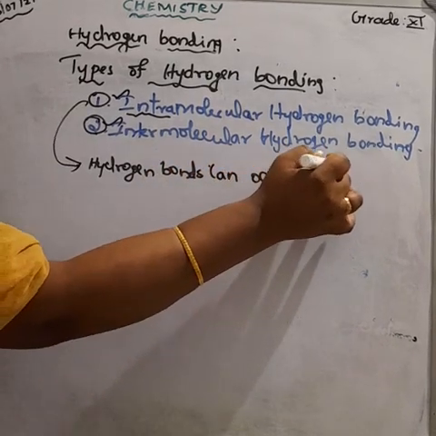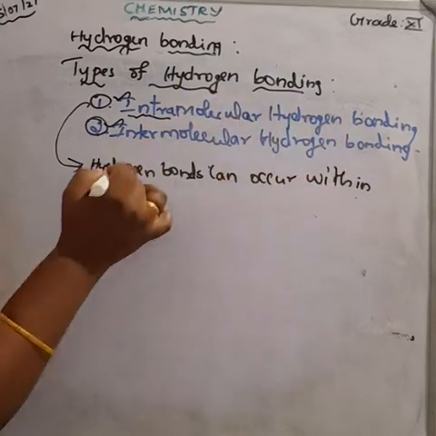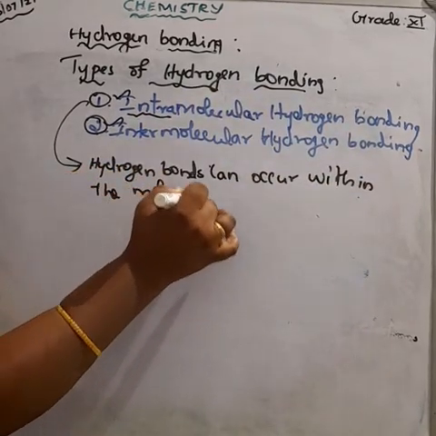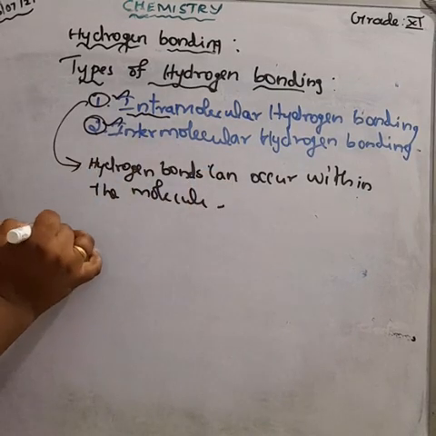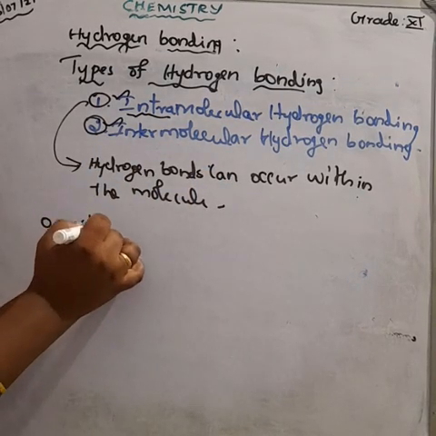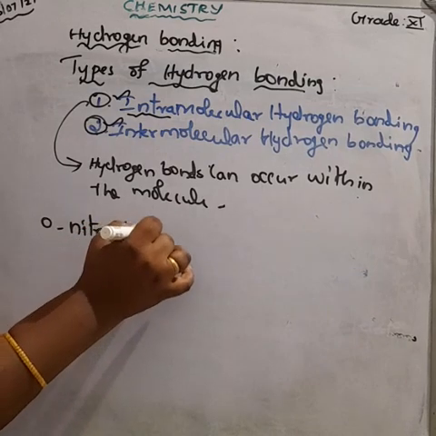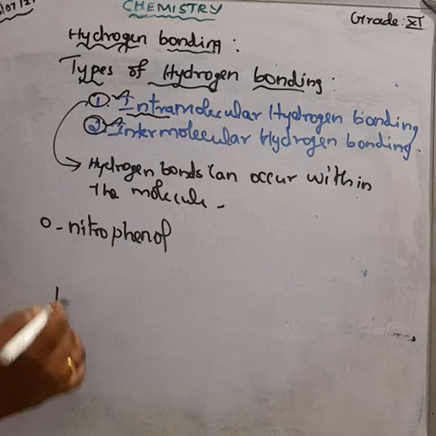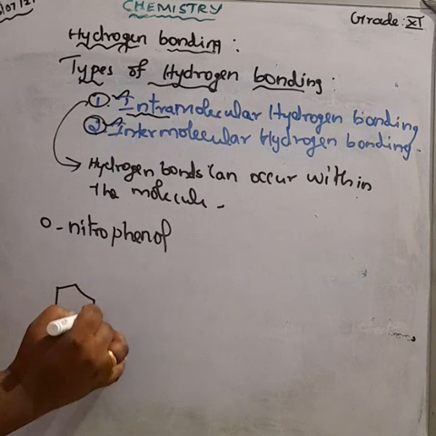Intra means within. So what are examples of intramolecular hydrogen bond? One is orthonitrophenol. This is the structure of orthonitrophenol, with OH and NO2.